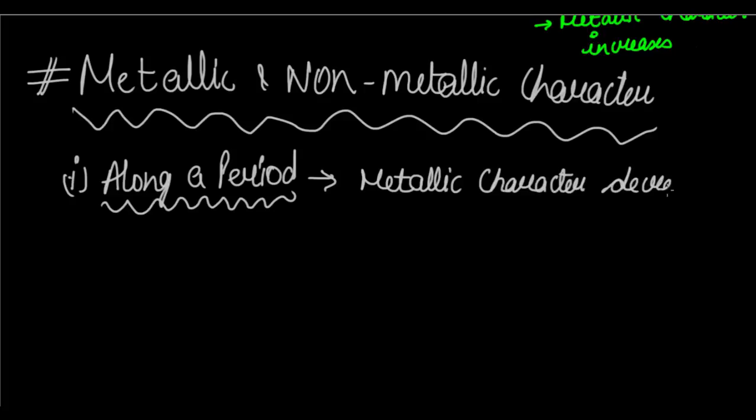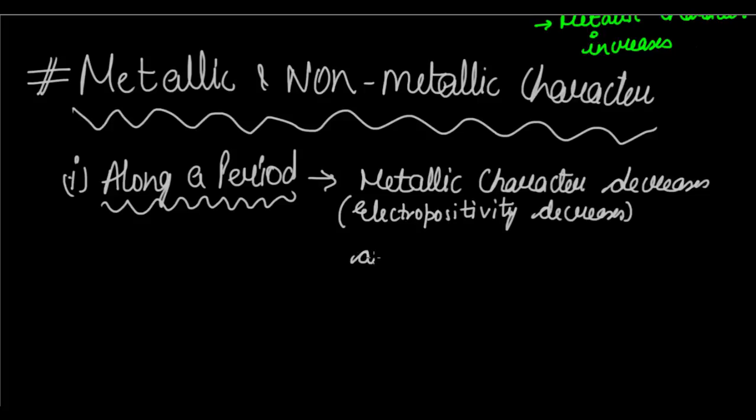Metallic character decreases. In brackets, I am writing this because metallic character is electropositivity. Right? Metals are electropositive. They have the tendency to lose electrons and form cations. Hence, they are called electropositive elements. And if metallic character decreases, we can say electropositivity decreases.